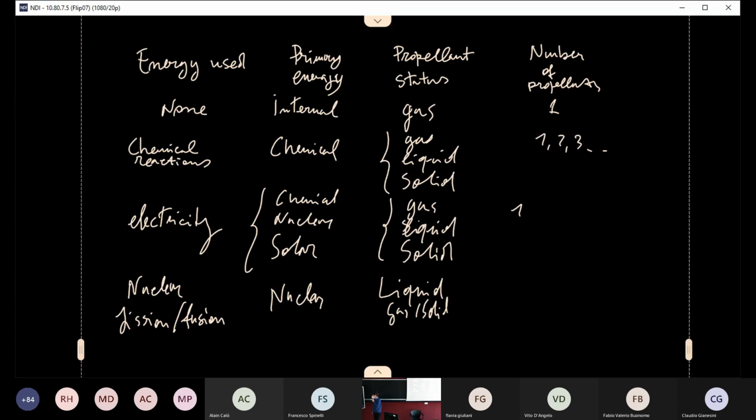For solid, we can exploit the heat of the stored solid phase, and then you use the heat from the nuclear reactor to pass to a liquid phase. But here, let's consider liquid and single propellant, and we have nuclear thermal rockets. These are called nuclear thermal rockets.